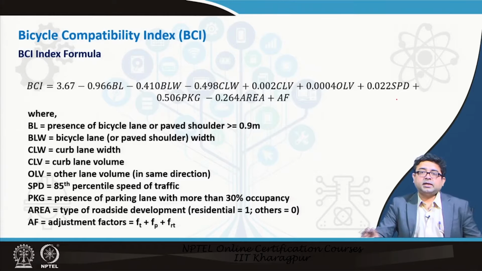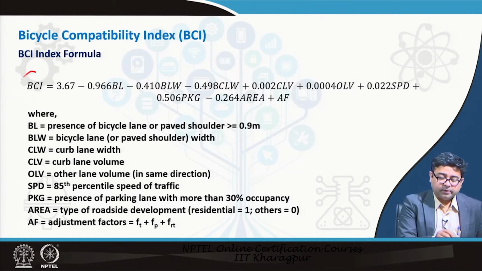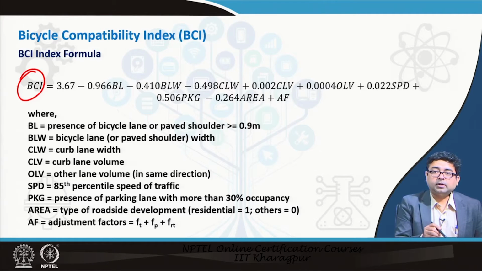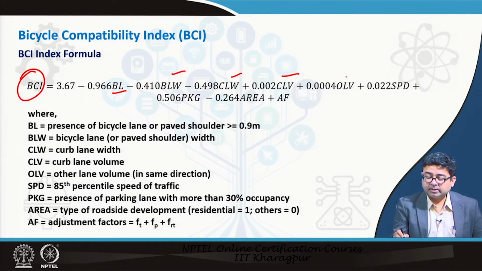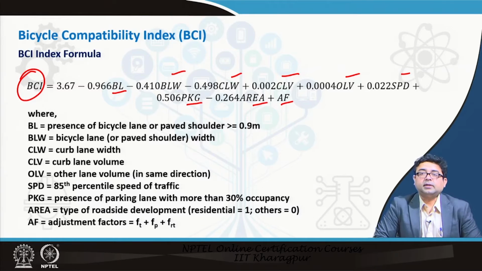Essentially, the index develops a relationship between different characteristics of the traffic and the area that a bicyclist may face.